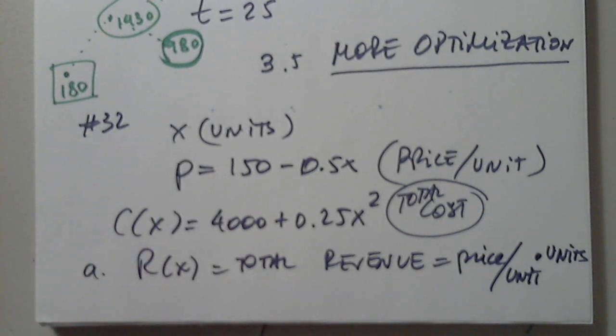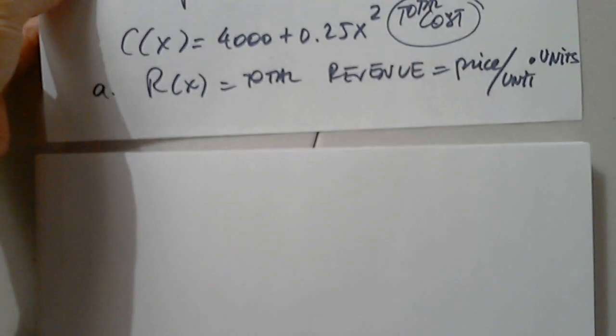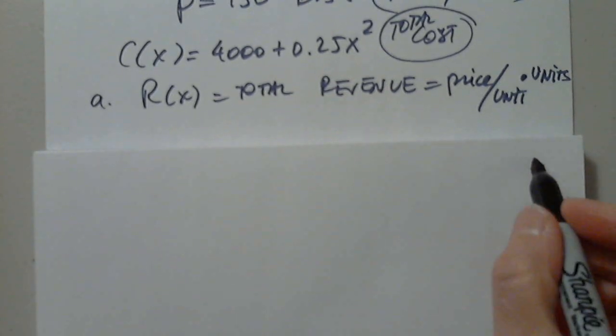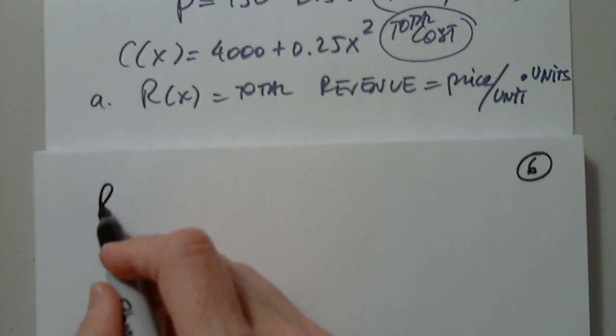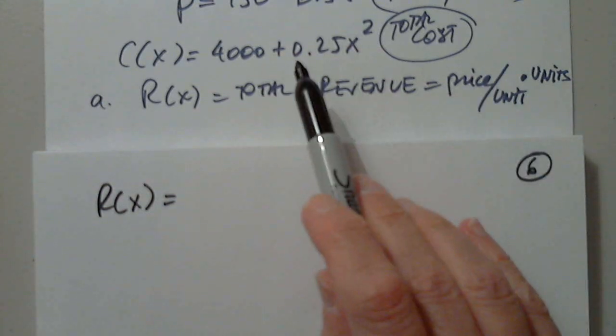Can anyone tell us how to write the total revenue? Anyone, please give it a shot. It's okay if you're wrong. You have no idea how many times I was wrong. R of x equals price per unit.